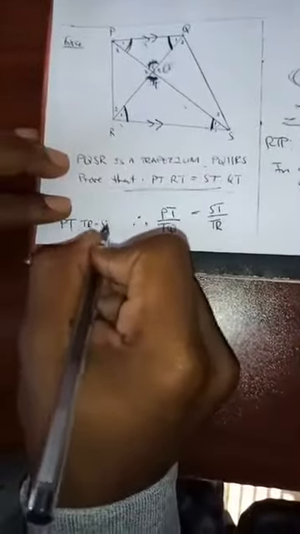So if you cross multiply, you will have PT multiplied by TR is ST multiplied by TQ. And this is what you wanted to show. PT multiplied by RT is ST multiplied by TQ, and this is correct. So we've used similarity of triangles and the similarity of polygons to show how this idea works.